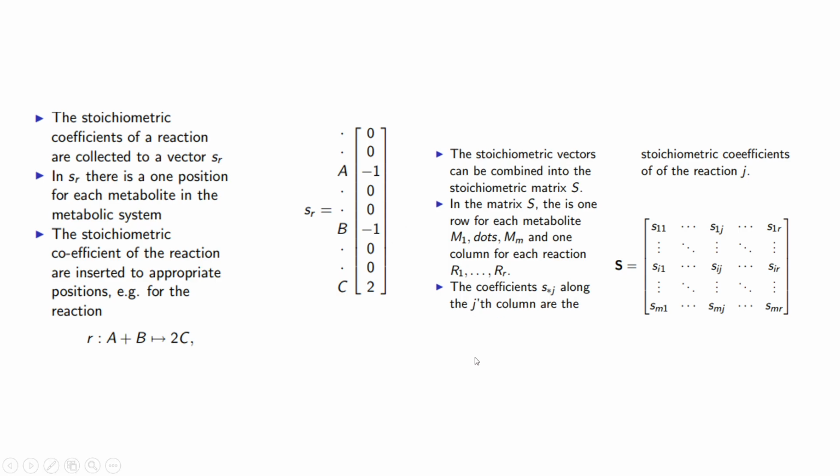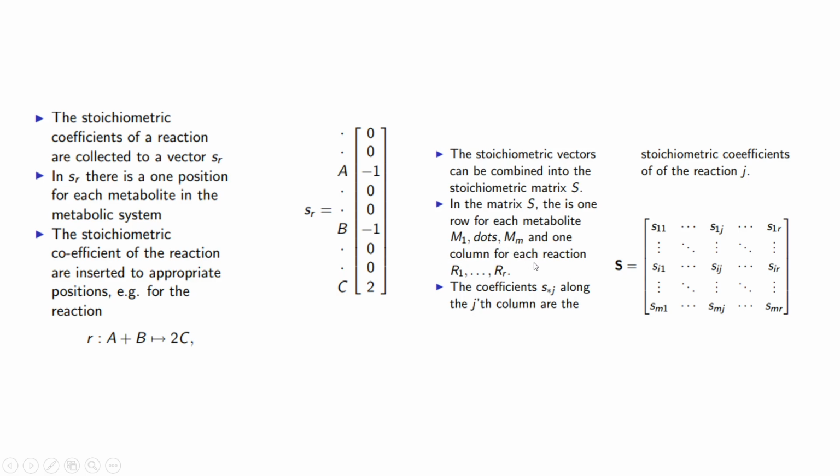Now, these SR vectors are concatenated, and they can be combined into the stoichiometric matrix S. What is the representation in the matrix? So this is your matrix. There is one row for each metabolite, so M1 to MM are the M metabolites here.